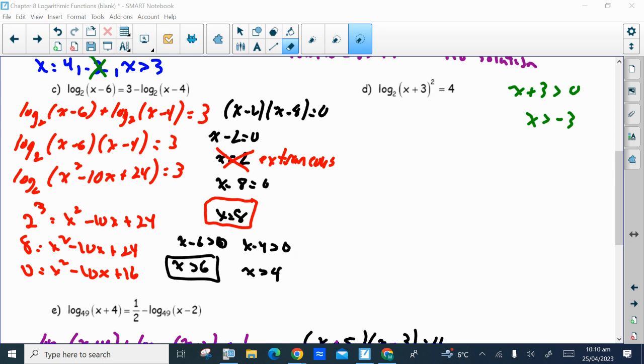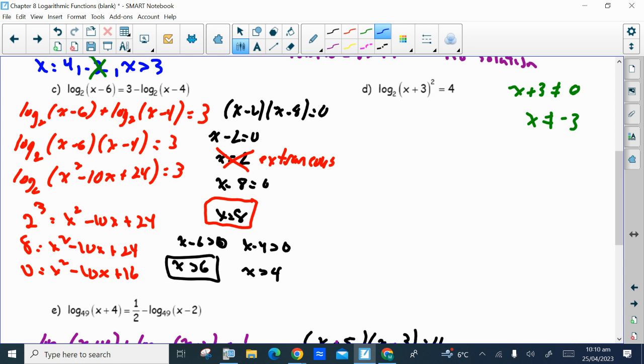But there is still a non-permissible value of negative 3. So we would say that here, x plus 3 cannot equal 0, so x cannot equal negative 3. That is the only non-permissible value.